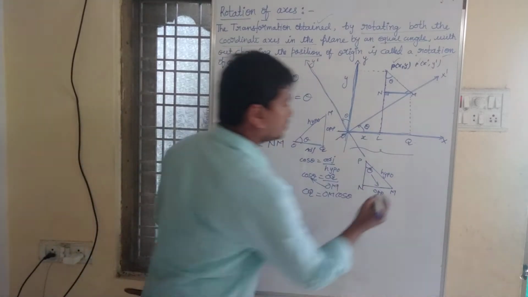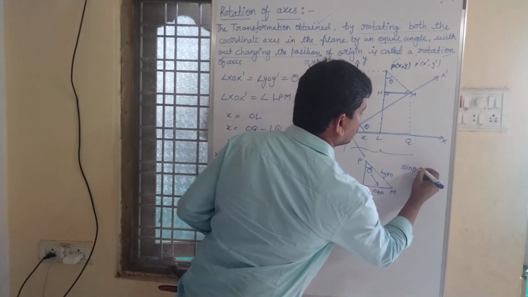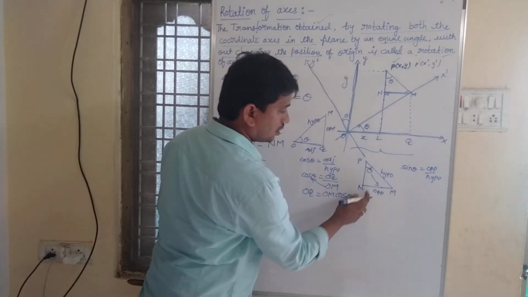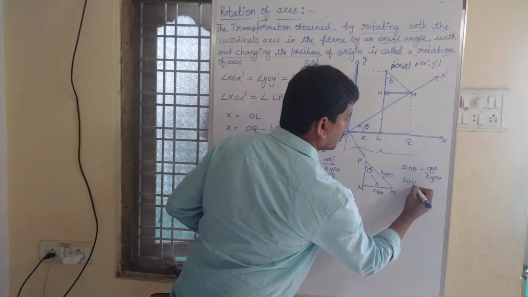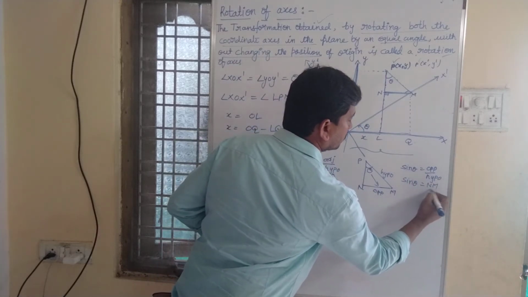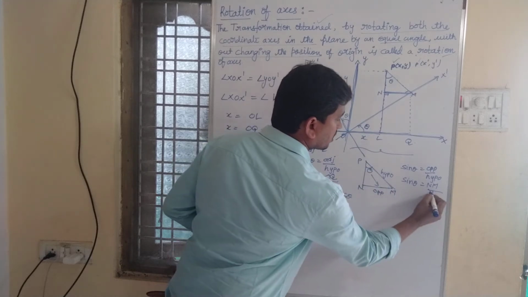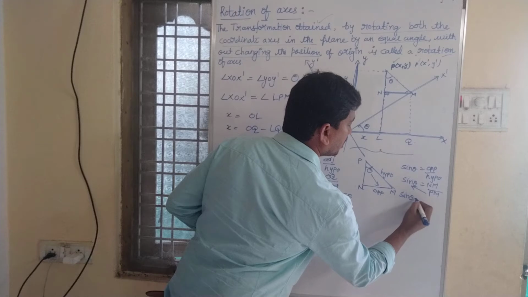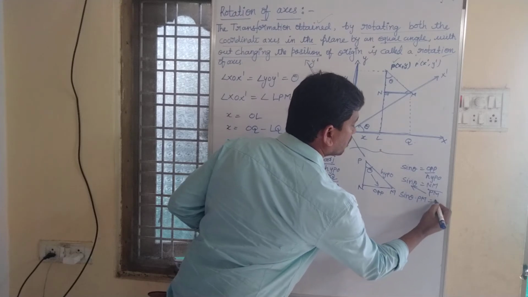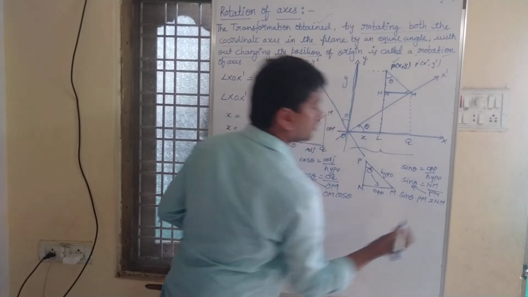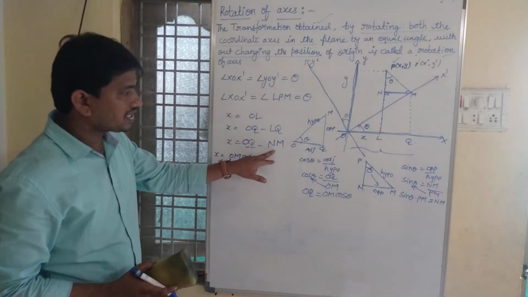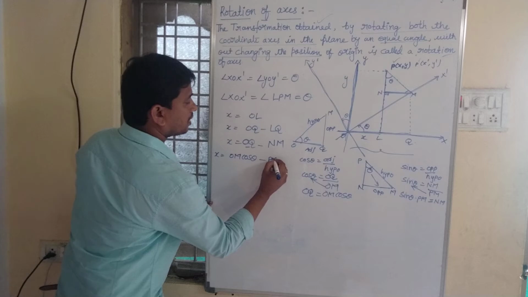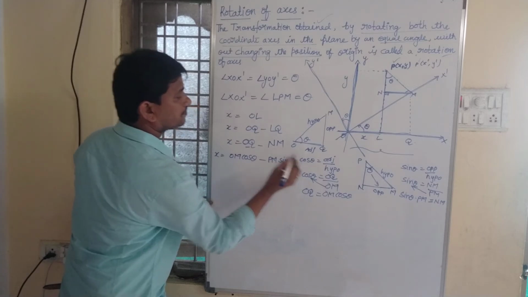What is the sine ratio? Sine theta is equal to opposite by hypotenuse. Opposite is NM and hypotenuse is PM. So by cross multiplication, sine theta into PM is equal to NM, right? So children, in place of NM, I can write PM into sine theta.